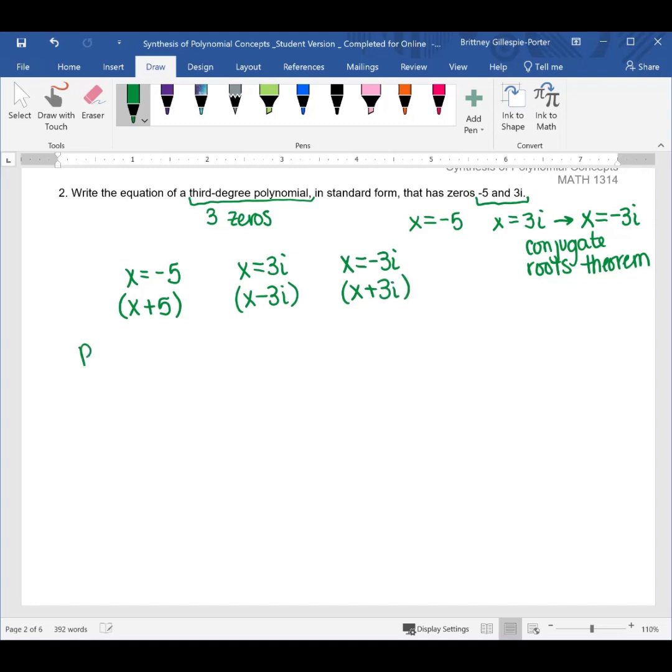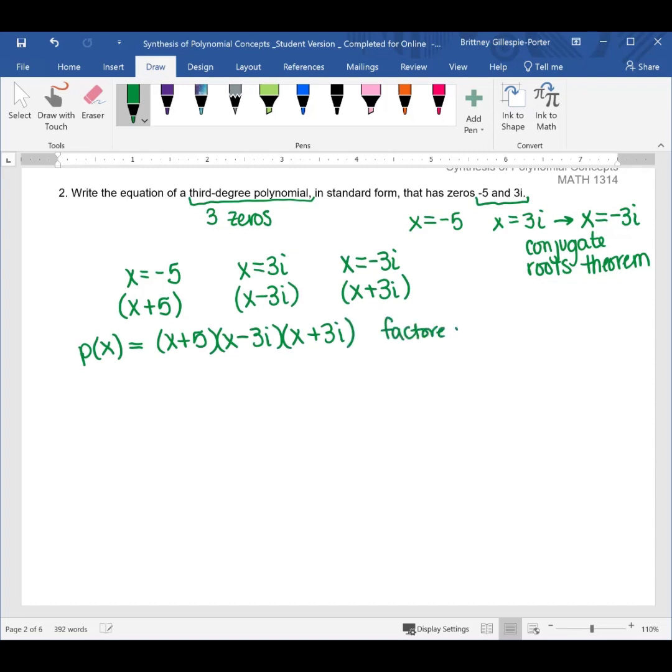So when I start building my polynomial, which this time I'm going to call p of x, I have x plus 5 times x minus 3i times x plus 3i. And this is in factored form.